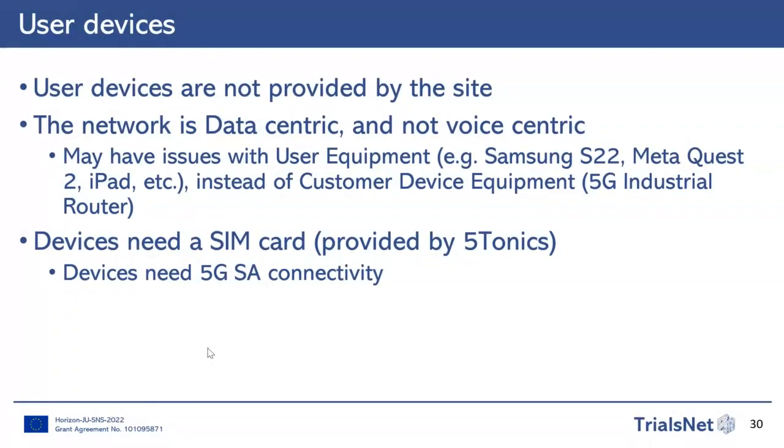So just keep it in mind. And for what concerns the devices, they need to be able to host a SIM card, which can be provided by the Phitonic lab. And the devices need to have 5G standalone connectivity, of course.